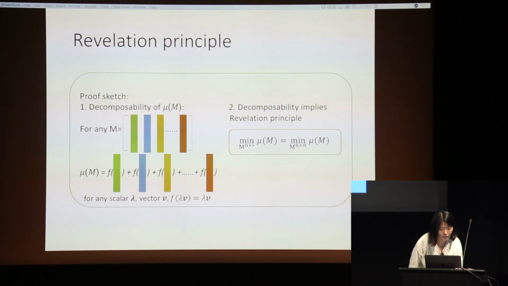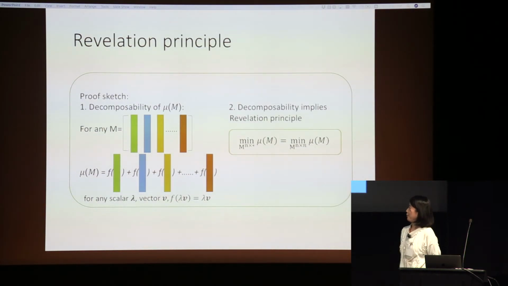First, we show a non-trivial observation about this mu M. Mu M is Bob's expected payment, which we want to minimize. It turns out to be a very complicated function. It's not linear, it's not convex.